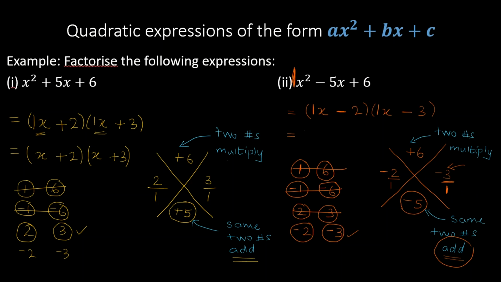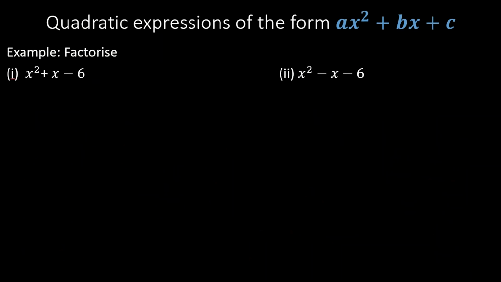We are almost done. 1x is simply x in the first pair of brackets. Again, 1x is simply x in the second pair of brackets. So this is it. It's very easy, the magic x method. Let us try another example.